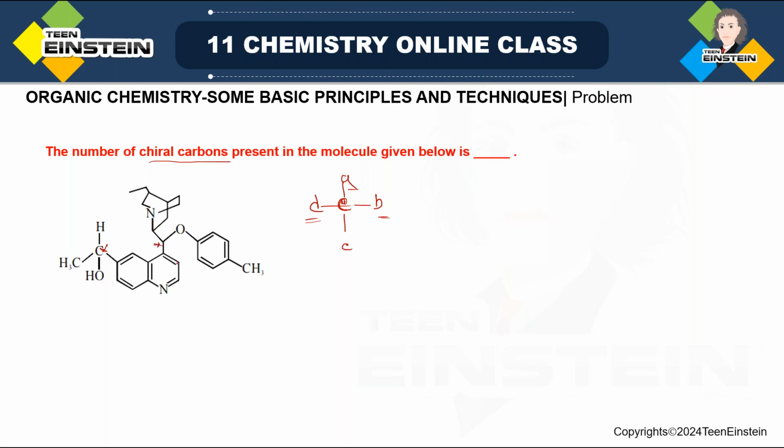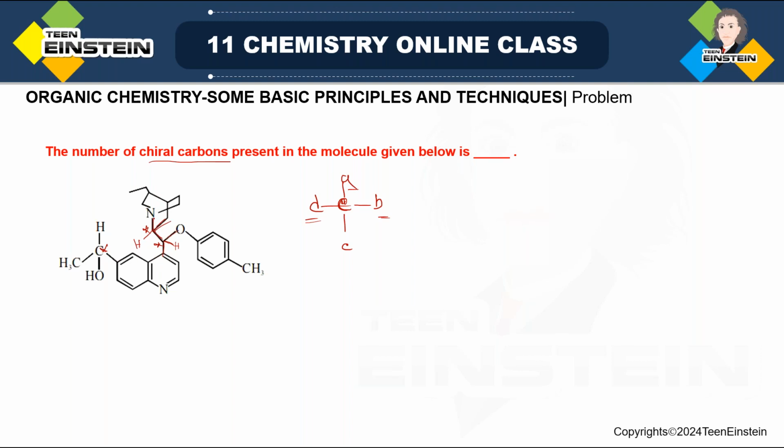Now, look at this part. This is the carbon with 4 groups. Here we also have hydrogen. So, hydrogen is one group, another group, third group, fourth group. Now, the side carbon, that is this one, here also we have hydrogen. But these 4 sides are all different, isn't it?